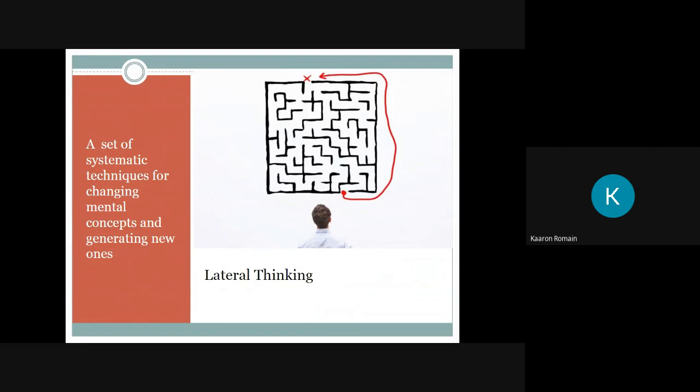Lateral thinking. A set of systematic techniques for changing concepts and generating new ones. As we can see in the slide here, the guy is looking at what seems to be a maze. The maze has a start, where I enter, and it has an exit.